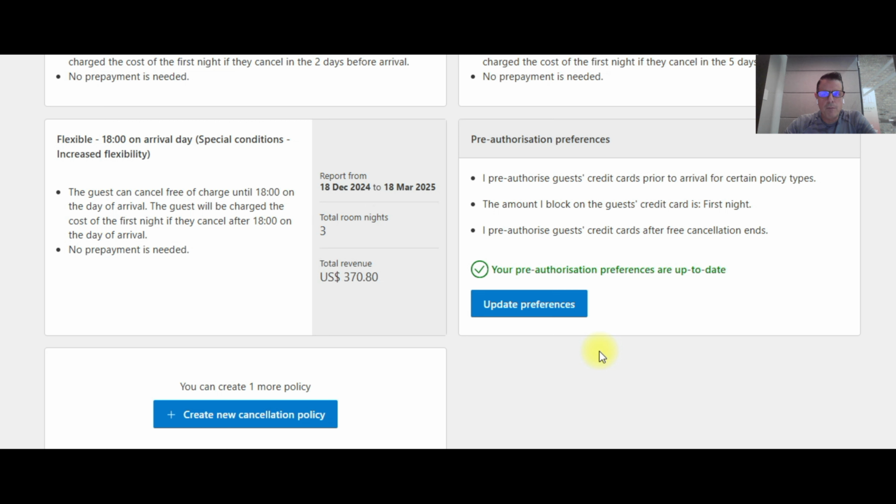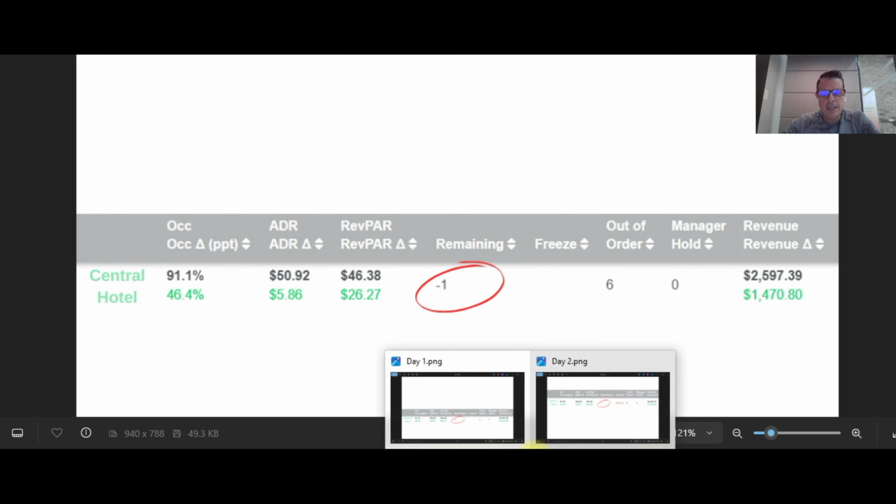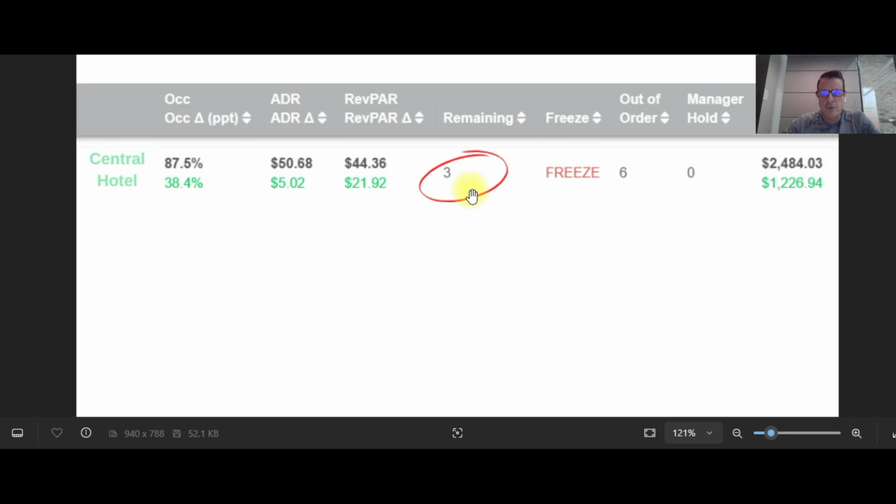So basically, if you have an issue with your property where, like in this example, you have the hotel sold out, it's no longer listed online, and the next morning you find out you had 3 rooms that you could have sold to the public online, but because of your mismanagement of your guest arrivals, you missed out on revenue. And like I said, that can really, really add up.